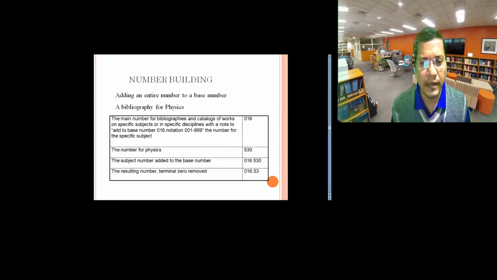The number for the specific subject is added to 016, the bibliography number, and the number for physics is 530. The subject number added to the base number gives 016530. In the resulting number, remove the terminal 0, and after 3 digits you should insert 1 decimal point. So 016.53 is the correct number.